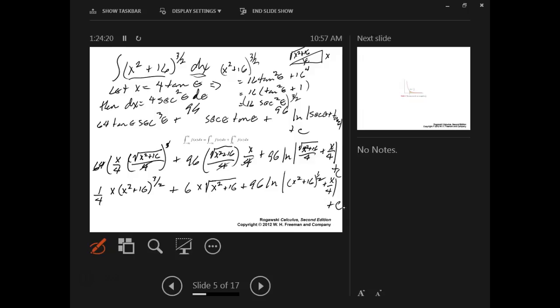And I'm not sure, the secant theta is the square root of x squared plus 16 over 4. It's hypotenuse over adjacent. So how did they leave that off?